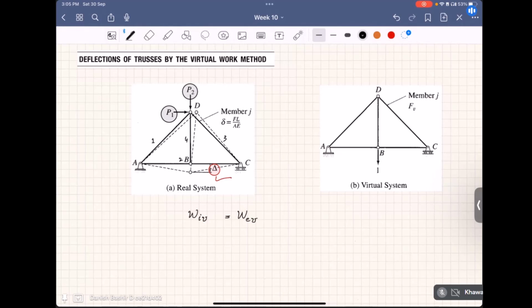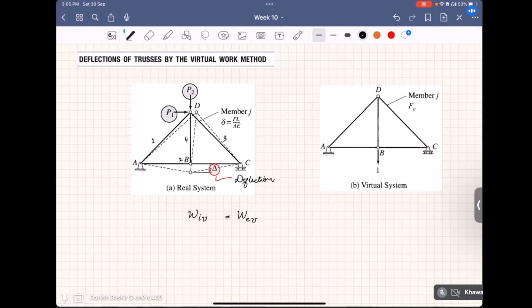We will be implementing the same principle to deduce a formulation for the computation of this deflection delta. In truss members, the primary thing of interest is deflection only. But in beams and frame systems, there is one more additional thing, that is the slope at any point. For all these things, we will see how we calculate deflection.